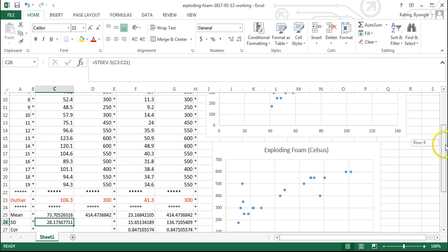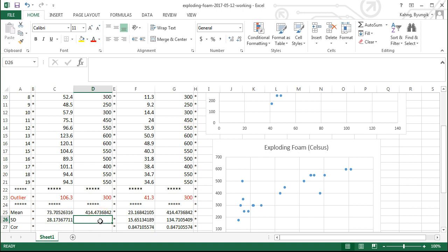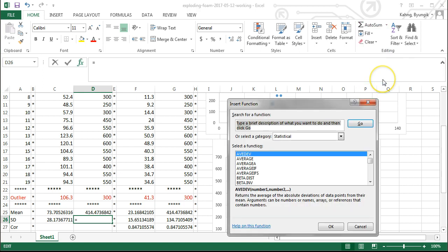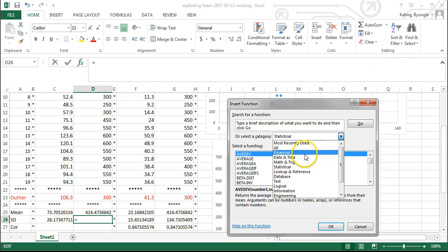One more exercise, one more repetition. Let's do the same thing with volume. Go to this box where the standard deviation computation will go, and go over to the same place, sigma upside down arrow, and find more functions. Let's suppose this was in some other place.